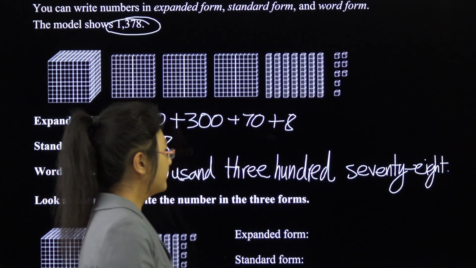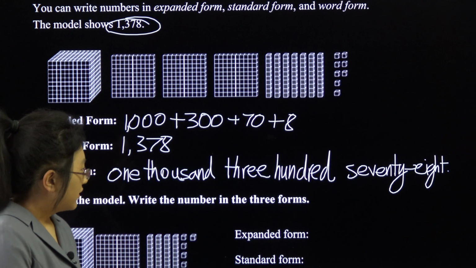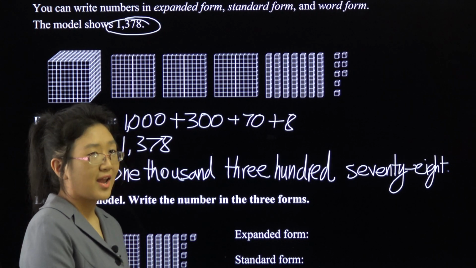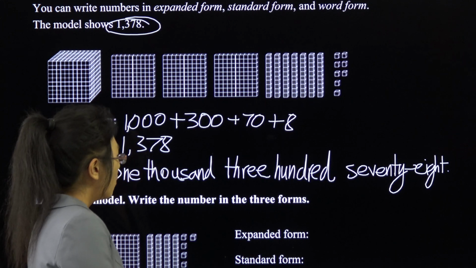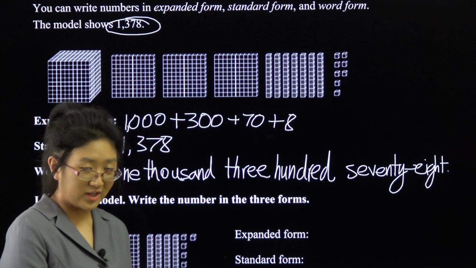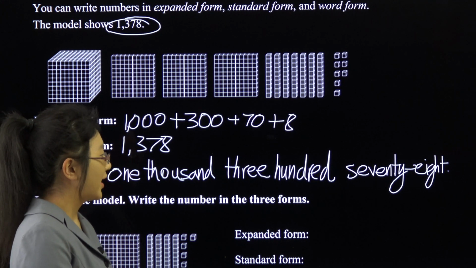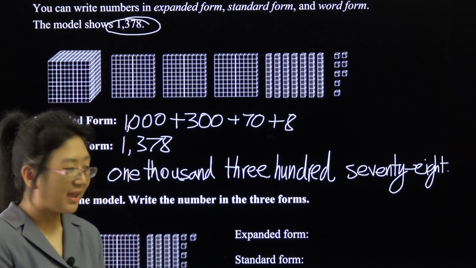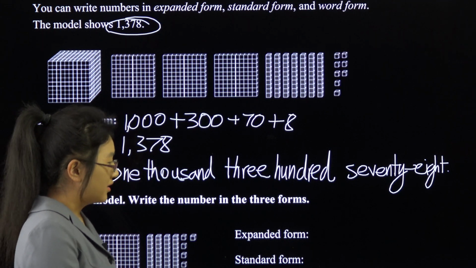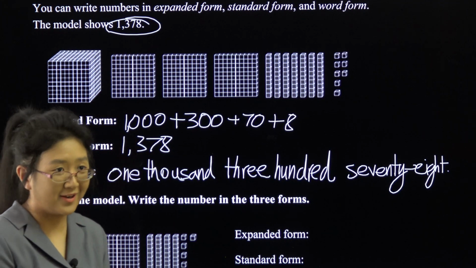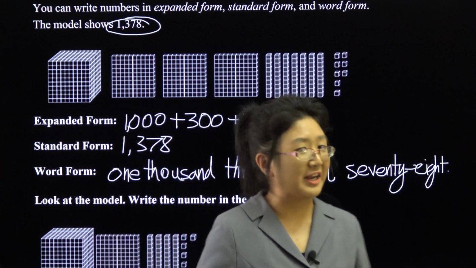Here's the thing, though. Somebody may say it one way, somebody else may say it another way. The ands and the placement thereof are very much debated, for a lack of better wording.